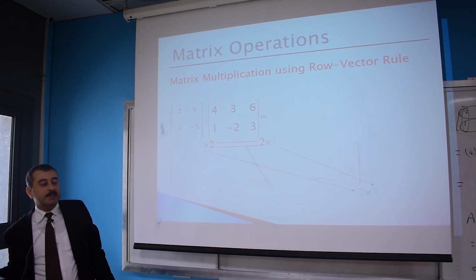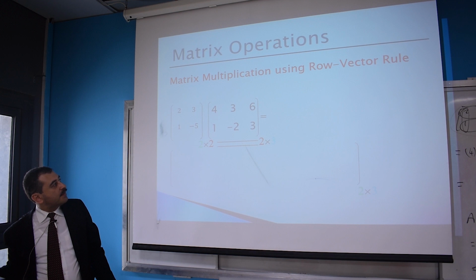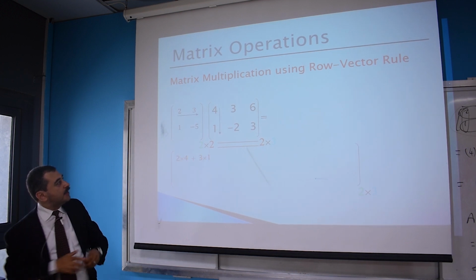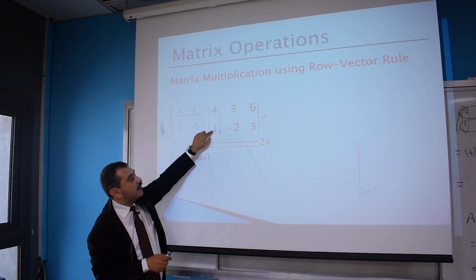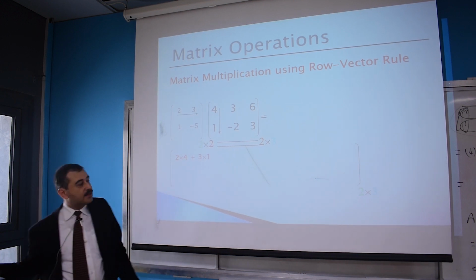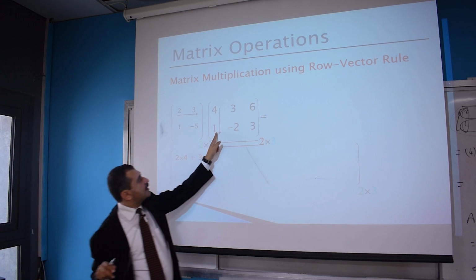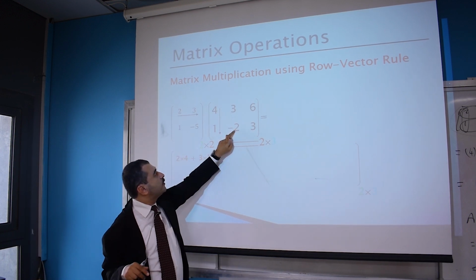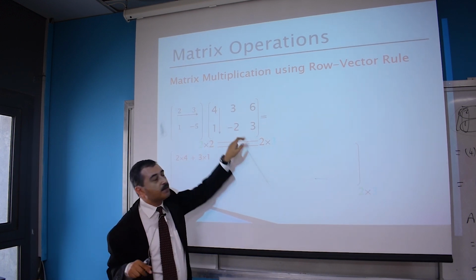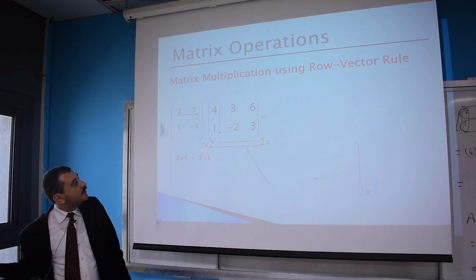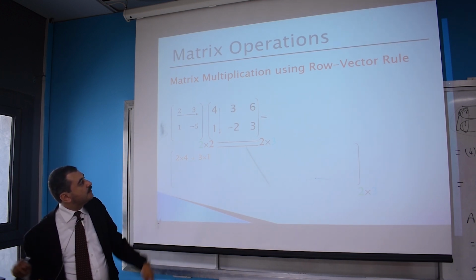These guys multiplied. And then multiply this row by this column, dot product, get the first entry. And then move to the second column. Take the first row from the left with the second column of the right matrix and do the multiplication.